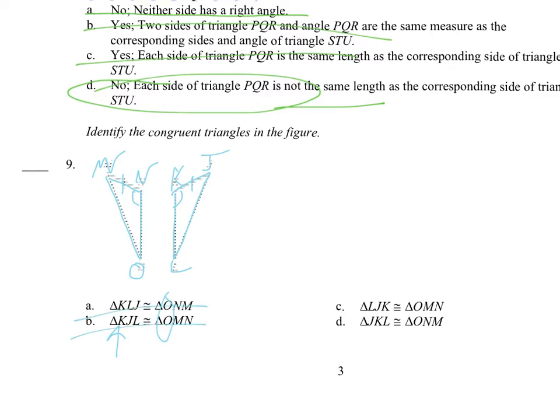Choice C gives us L, which would be corresponding to O, which it is. J would be corresponding to M, which it is in C. And then N and K would be corresponding, so my answer in that case is C.